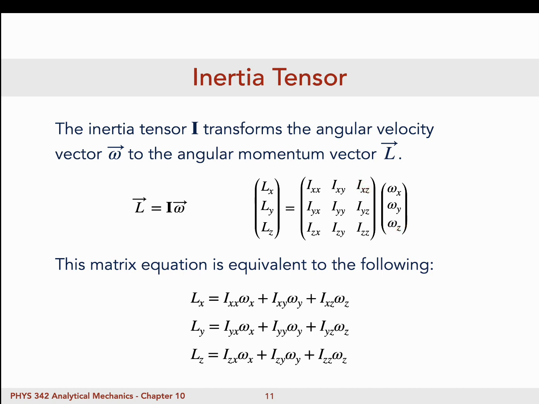And similarly for the other rows. So the y component of the angular momentum is the middle row of the tensor times the angular velocity vector, and Lz is the bottom row times the angular velocity vector.